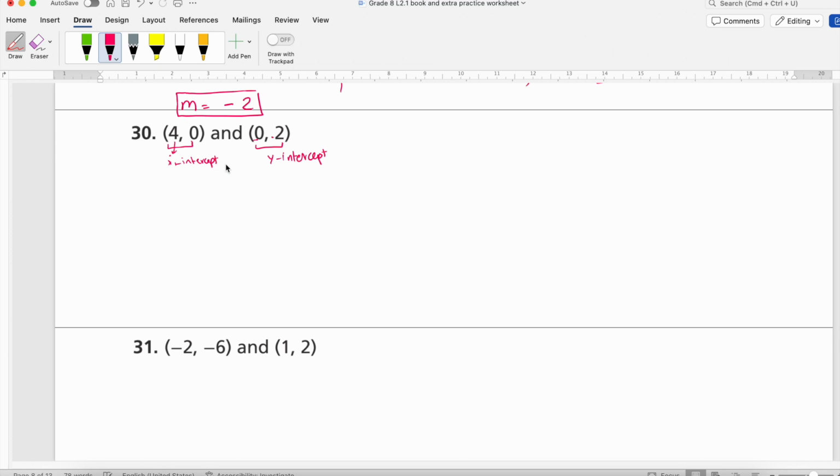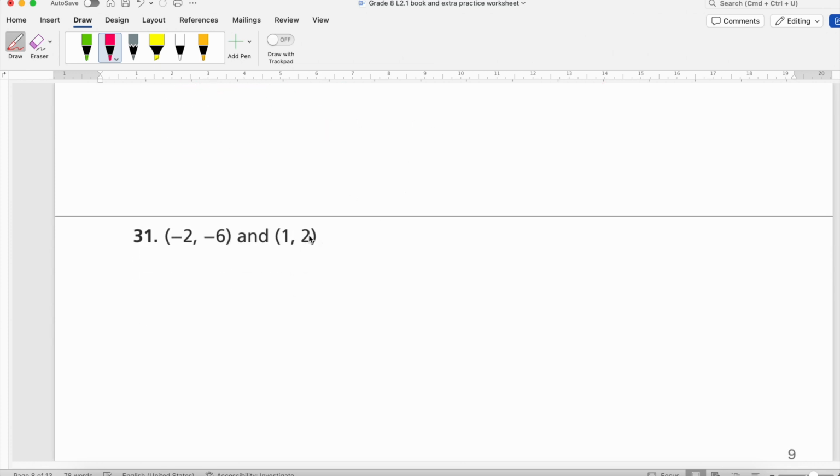If you are confused, just use the original way. I'll show you again how to use the original way in this example. Step number 1, find m. Step number 2, find b. This is the original way. Step number 3, y equals mx plus b. Just write your equation.